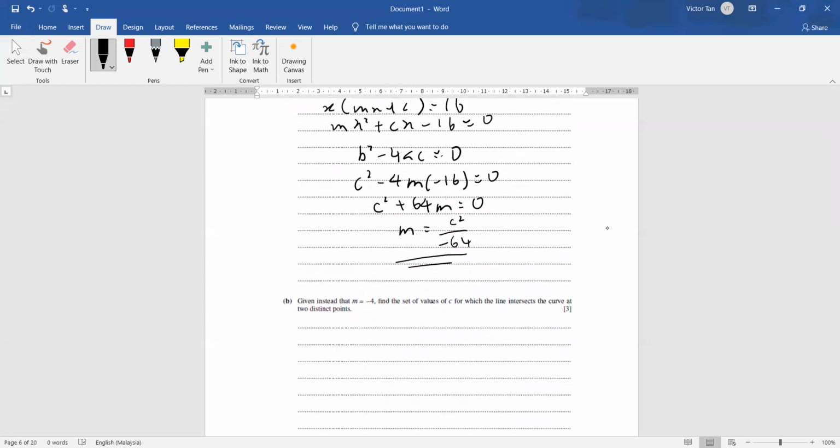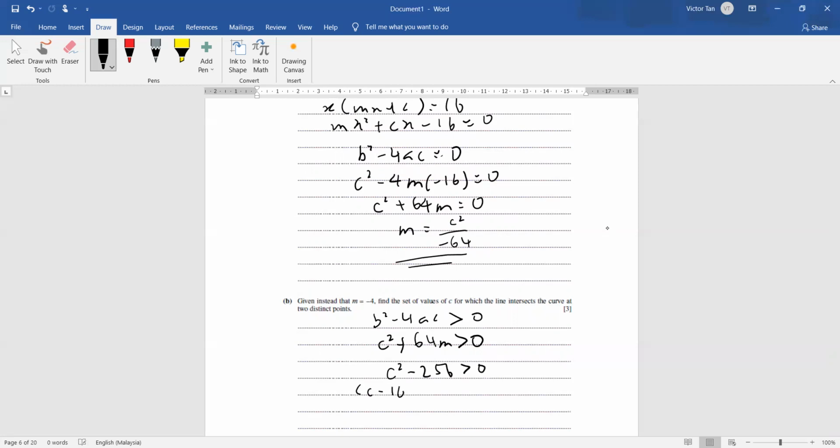So if it intersects the curve at 2 distinct points, b squared minus 4ac is larger than 0. So c squared minus 64m larger than 0. Sorry, so m is minus 4. So c squared minus 256 larger than 0.